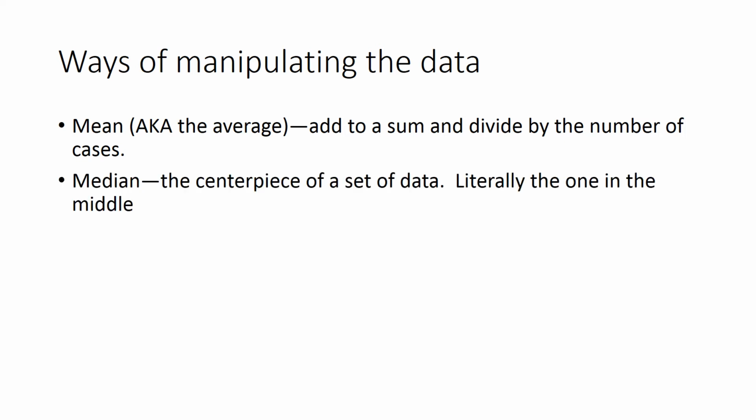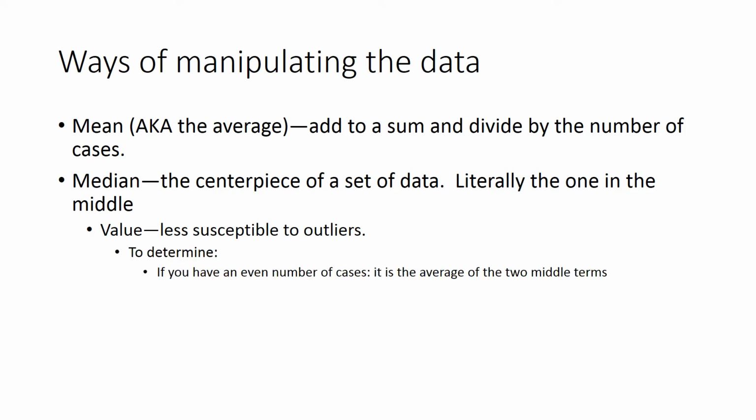The median is also an interesting way to approach data, because it is the one in the middle, and it's less susceptible to outliers. To determine it, if you have an even number of cases, it's the average of the 2 middle terms. If you have an odd number of cases, it's the actual middle number.